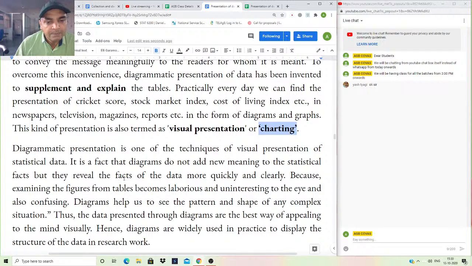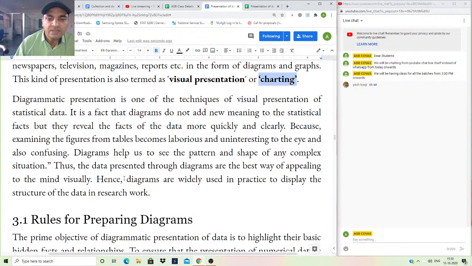Now, diagrammatic presentation is one of the techniques of visual presentation of statistical data. It is a fact that diagrams do not add a new meaning to statistical facts. You should understand, but they reveal the facts of data more quickly and clearly. What is the purpose of these?